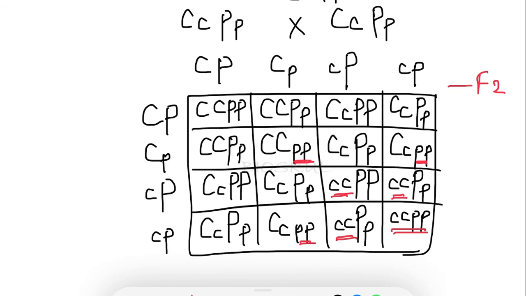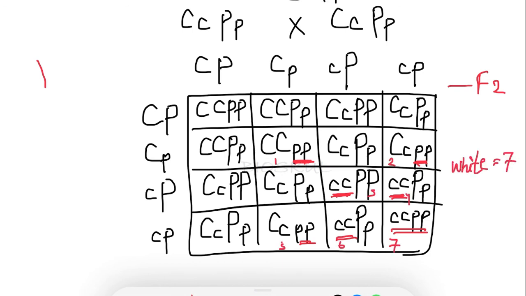If the alleles are present in the recessive form, it may be the P allele or it may be the C allele, they will produce a similar type of phenotype, right? That's why it is called duplicate recessive gene interaction, and they produce the phenotype that is white, white.